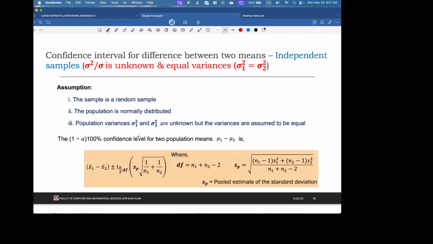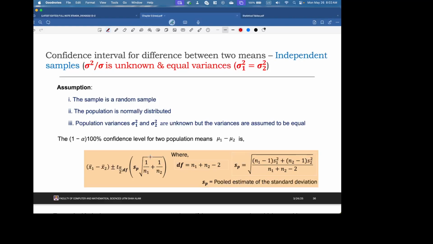The assumption is the sample is a random sample, the population is normally distributed, and the population variances sigma 1 square and sigma 2 square are unknown, but the variances are assumed to be equal. We still use the confidence interval concept, where we need to know the confidence level, the alpha value. As we can see here, this is the formula.